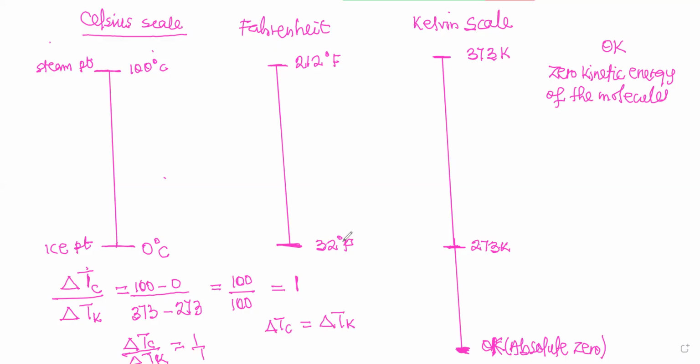What this relation means is that a change in temperature on the Celsius scale is equal to the same change in temperature on the Kelvin scale. So if we have a change in temperature of 10 degrees Celsius, it is equal to the same change on the Kelvin scale, which is 10 Kelvin, because the ratio is 1:1.